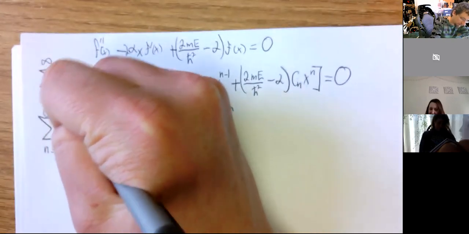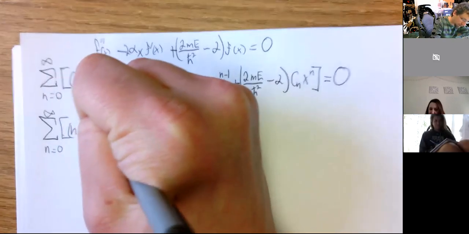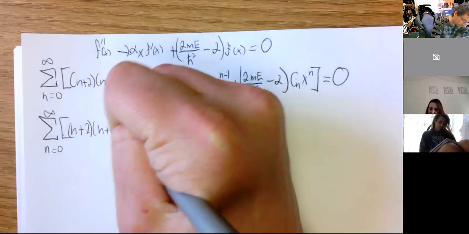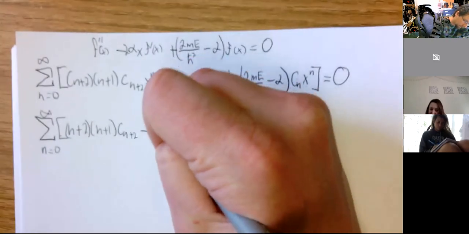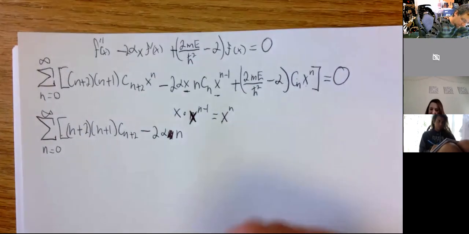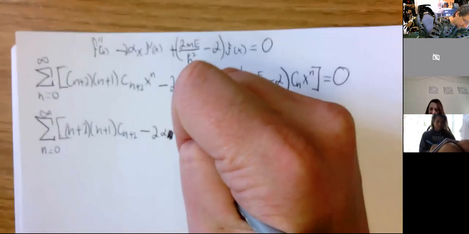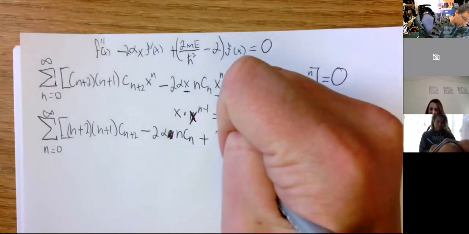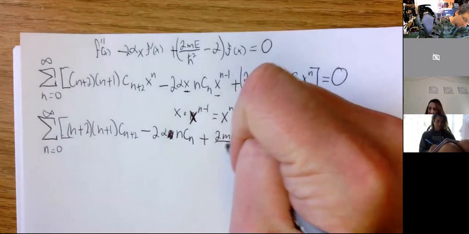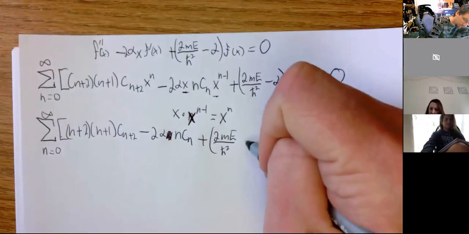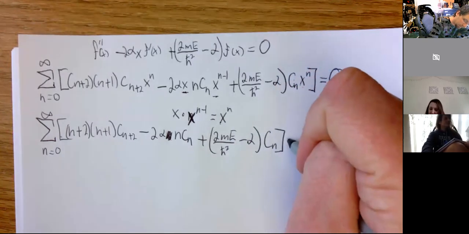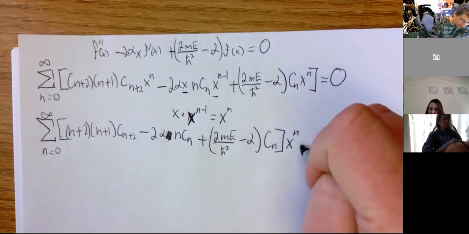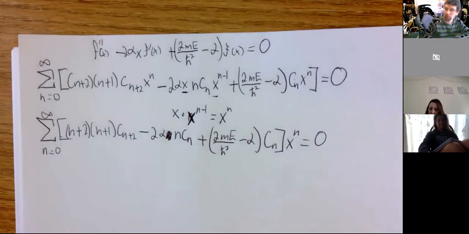We can pull that x^n out of this expression. Minus 2 alpha x, oh, no, x there, sorry, times n times Cn, plus 2mE over h bar squared minus alpha Cn, x^n all out front.